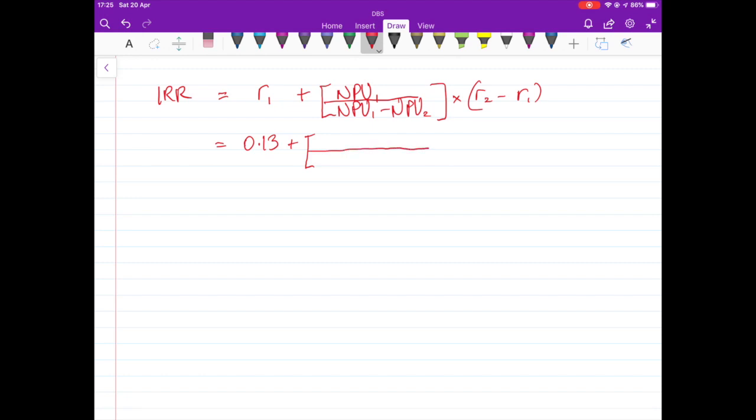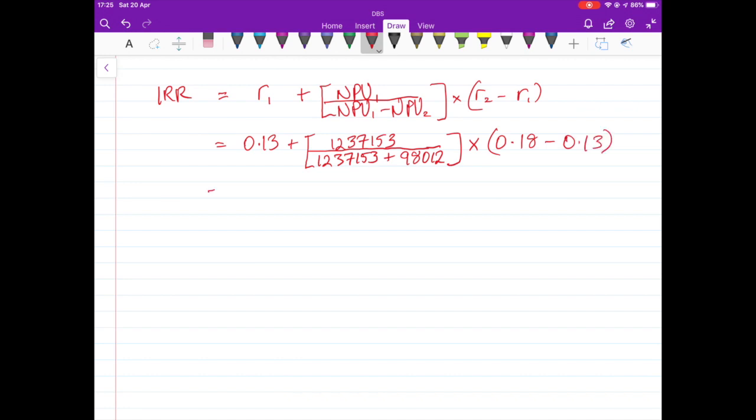And so in our example, we started off with 13%, so that's 0.13. The positive cash flow was 1,237,153, and underneath again that's added to the negative cash flow, which is 98,012. And because there's two minuses there, the minus are cancelled out and you end up with a plus.